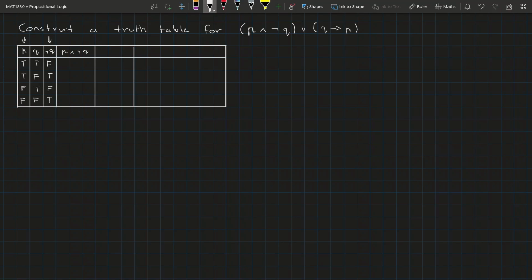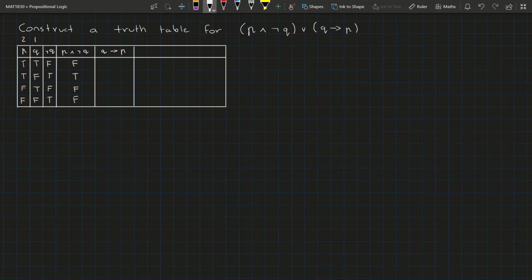So true and false is false. True and true is true. False and false is false. False and true is false. Now we do Q implies P. Now we are looking at first this row and second this row.